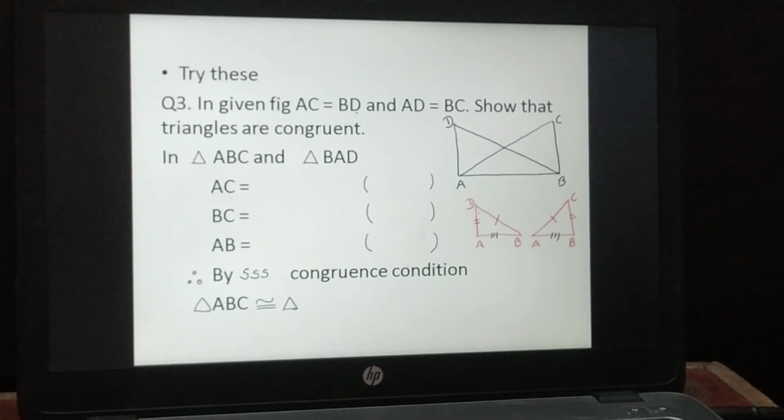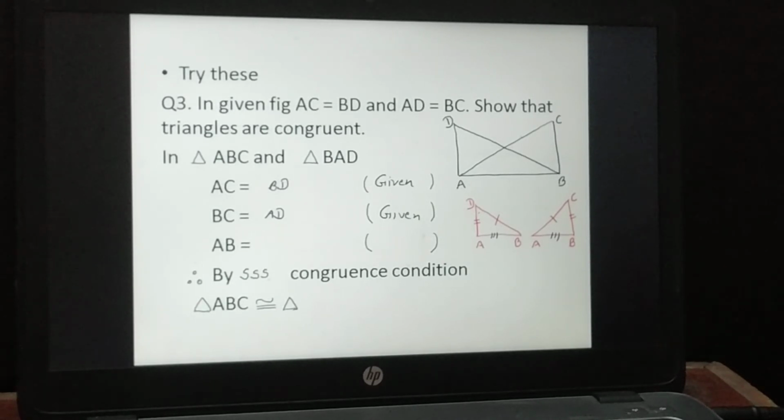Okay. So now let us write down the corresponding parts. AC is equal to BD. This is already given in the question, so the reason will be given. Now BC. This BC is equal to AD. So write down BC is equal to AD. Again the reason is given. What is important?